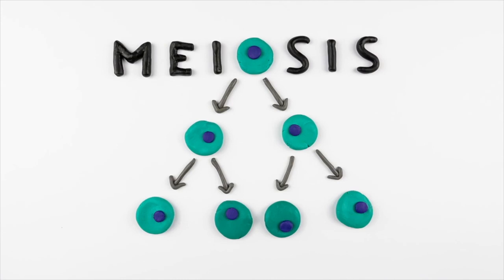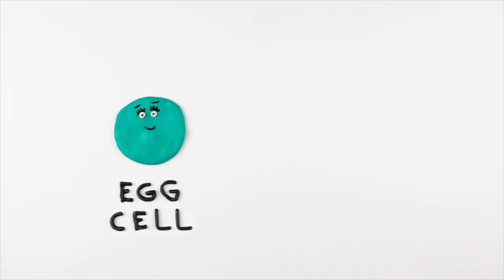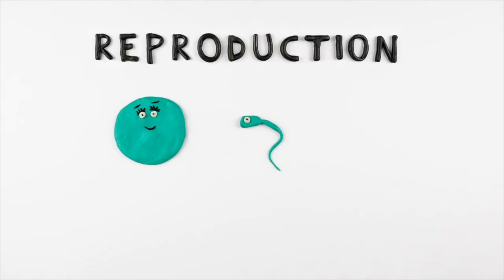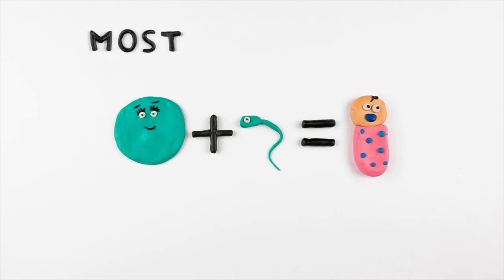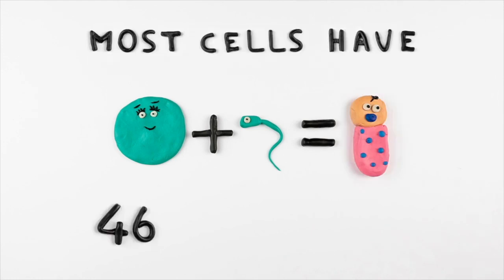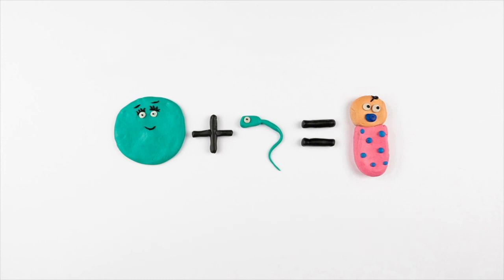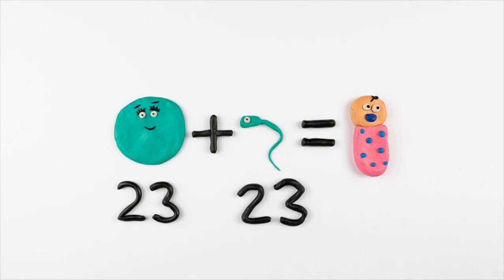Meiosis is a special type of cell division that produces sex cells, also known as gametes. Sex cells are needed for reproduction when an egg cell joins with a sperm cell to form a whole new organism. Most cells in the human body have 46 chromosomes, but sex cells only need half this number. That way, the new baby gets 23 chromosomes from its mother and 23 chromosomes from its father to form a full set.